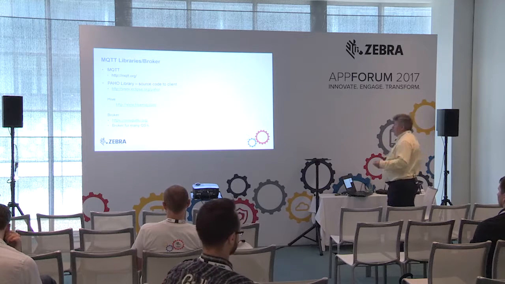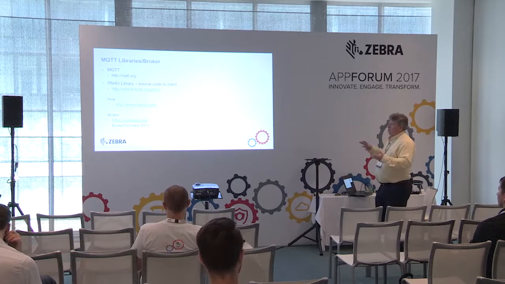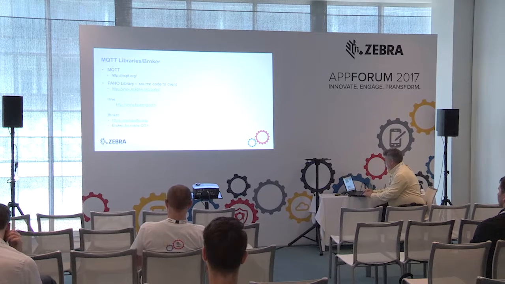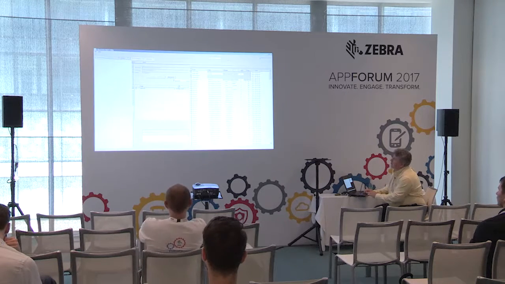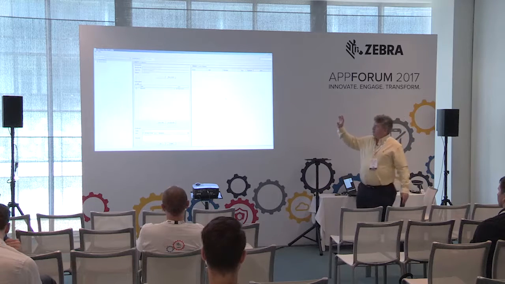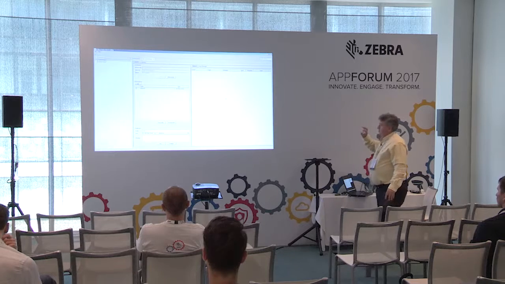Now, just to show you how easy it is to debug this, I'm going to use the Paho tools to show you a quick example. So this is the Paho Eclipse plugin tool for MQTT.